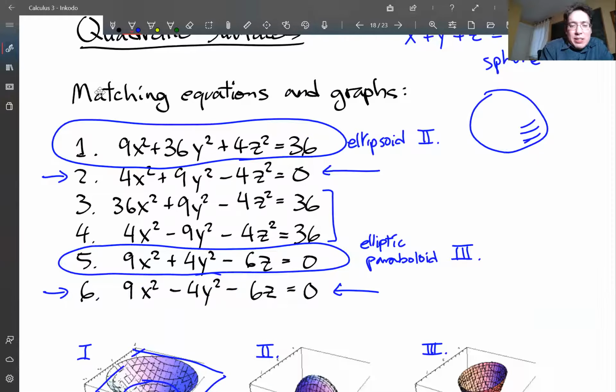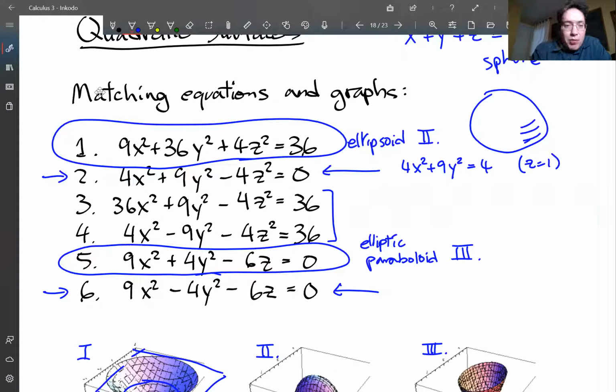So if I fix a z value, let's say z equals 1, this turns into 4x squared plus 9y squared is equal to 4. This is an ellipse, right?